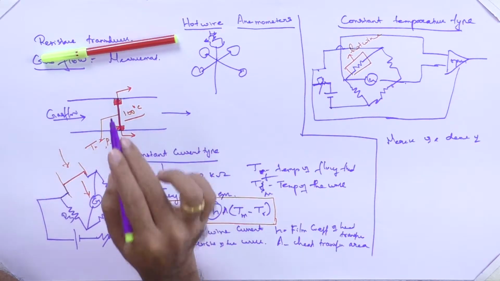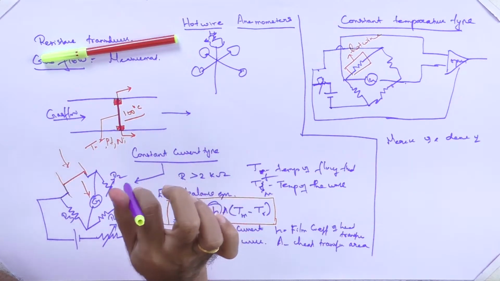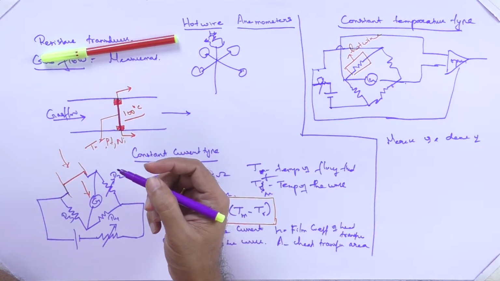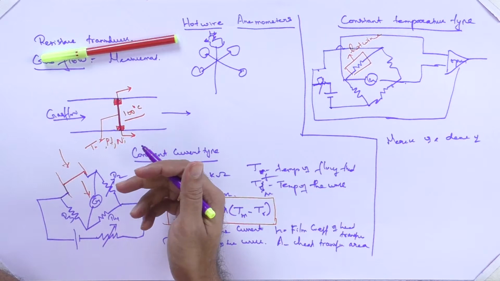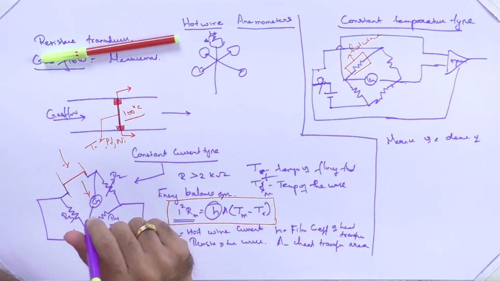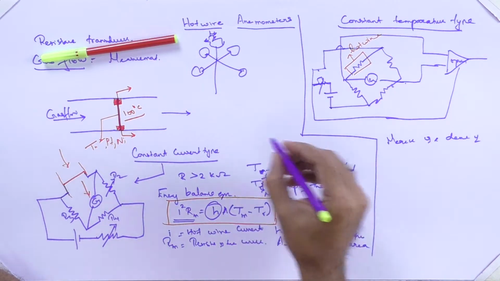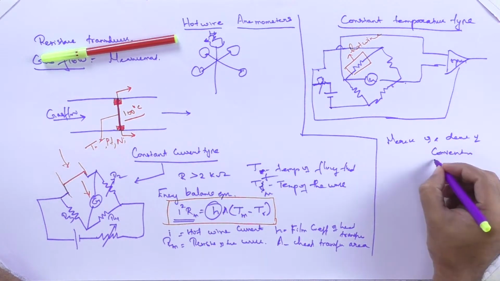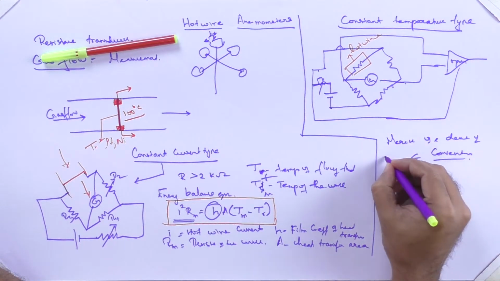If the flow is very low, it will put the wire under stress and make it burn out. Then you have to go in for very heavy metals like tungsten and platinum, which will be costly. So this is the main demerit of the constant current type. Convection is the main demerit.